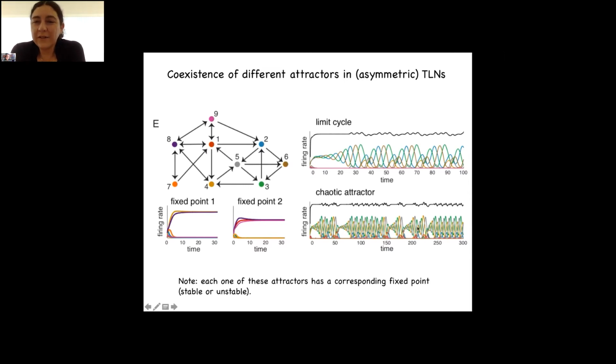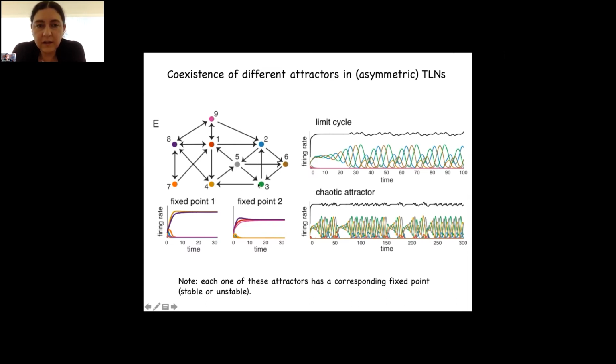We also have a chaotic attractor, chaotic in the sense of sensitivity to initial conditions. This pinching behavior appears to happen at random times and will vary considerably if the initial conditions change a little bit. But it's also in some sense highly regular, because you have activity concentrated on just 3 neurons, 3, 4, and 5.